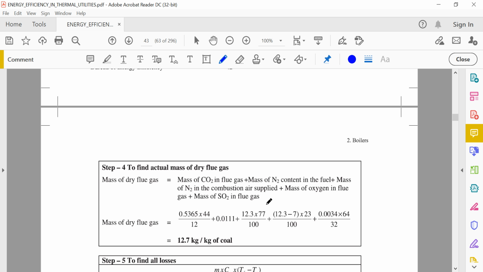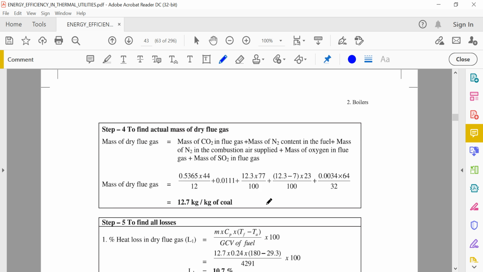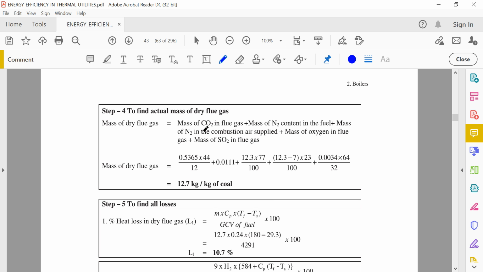So next is to find the actual mass of dry flue gas. This dry flue gas basically includes carbon dioxide that we are getting from burning of carbon, then mass of nitrogen content in fuel, and mass of nitrogen in combustion air supplied. Then mass of oxygen in flue gas. This oxygen is basically the oxygen that is in the excess air.